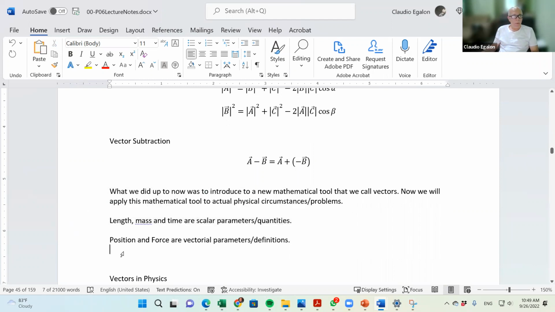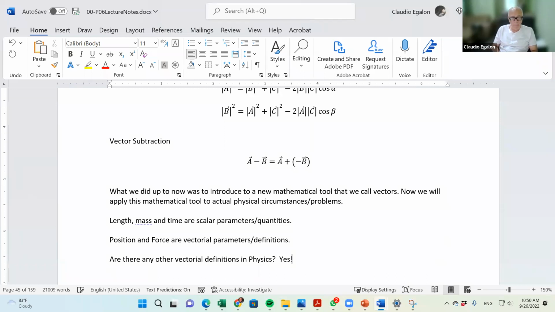Okay, so the question that you have to pose now is: are there any other vectorial definitions in physics? That's the question you have to pose to yourself. And the answer is yes.